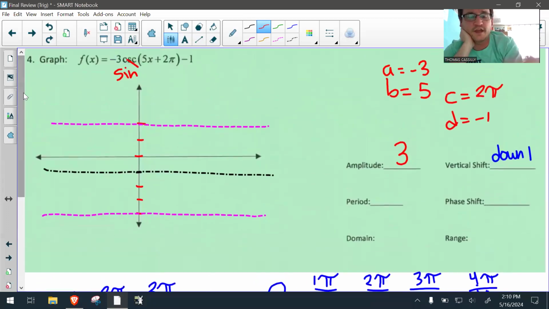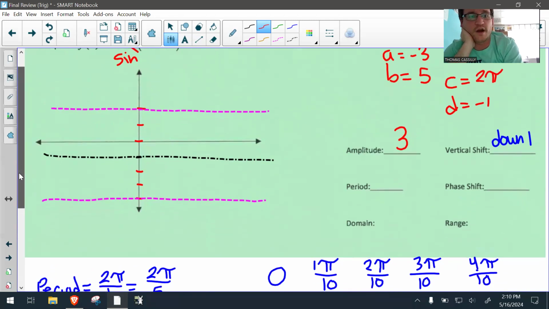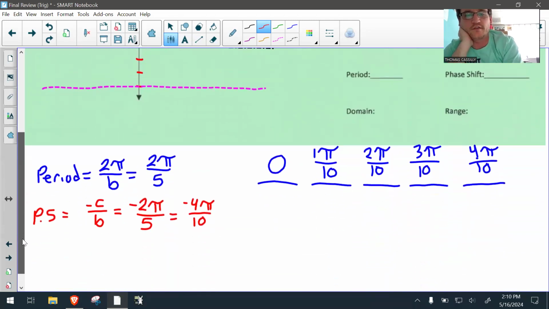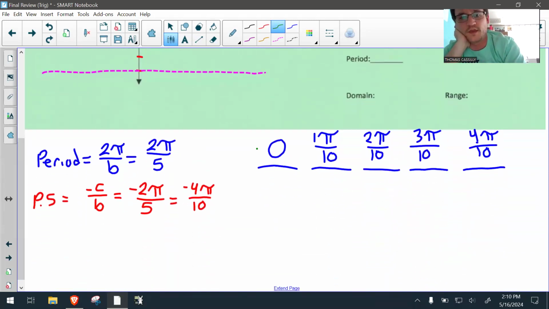I am moving everything backwards, I guess for you guys would be that direction, 4 pi over 10 units. All right, so every single one of these values we need to subtract 4 pi over 10.